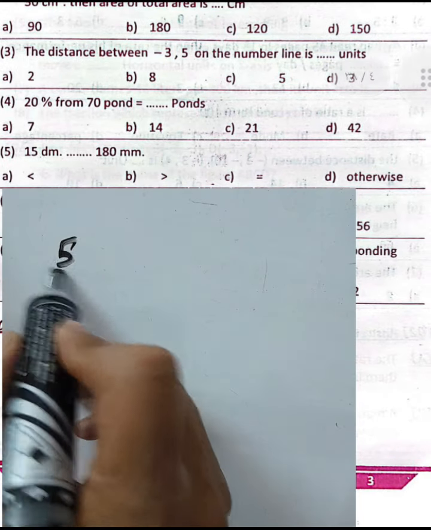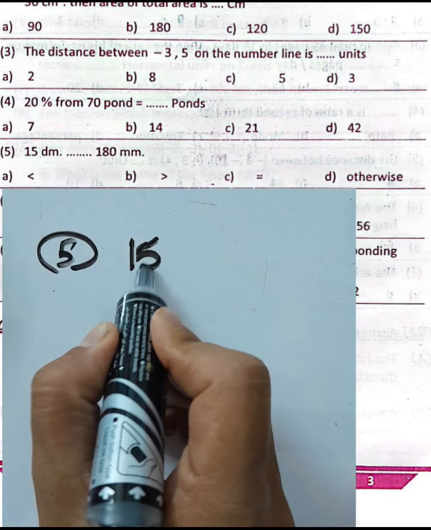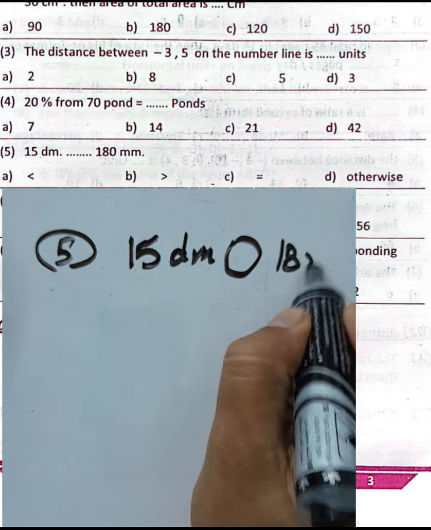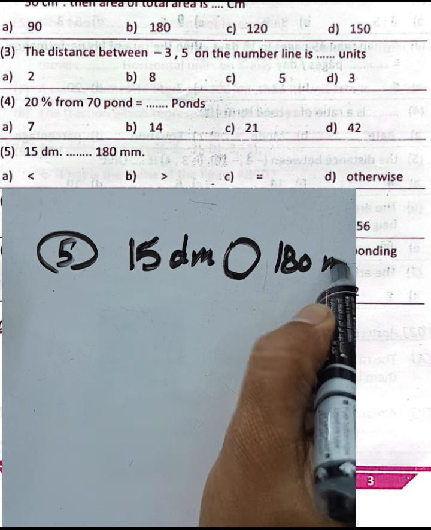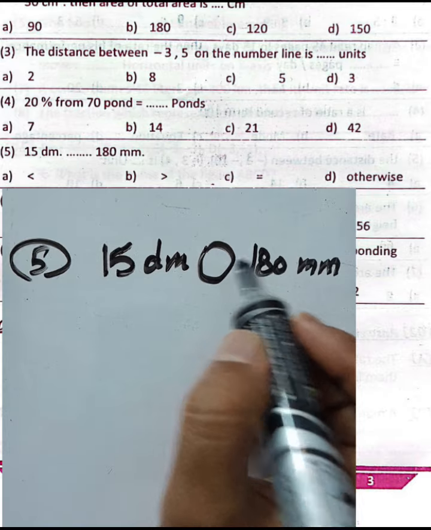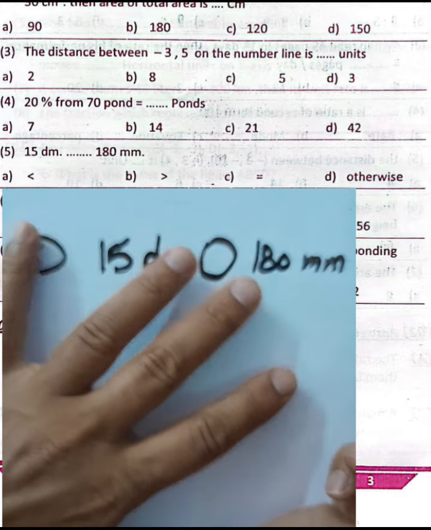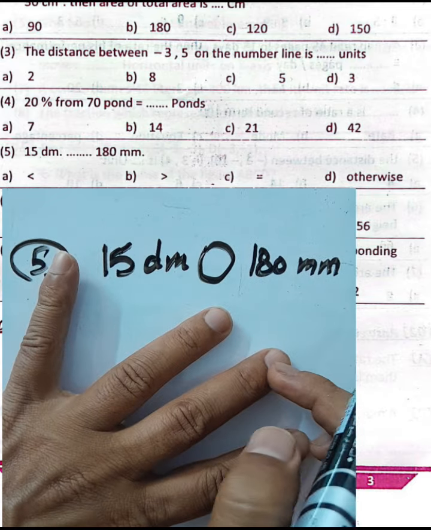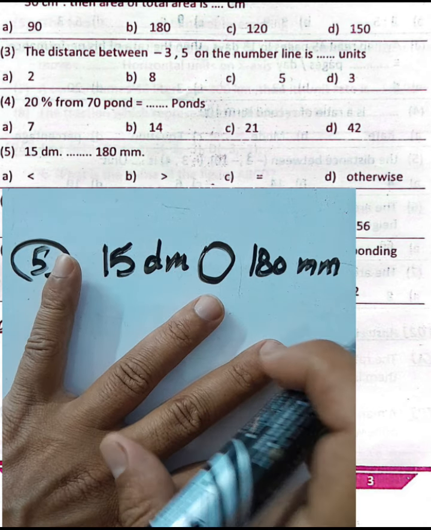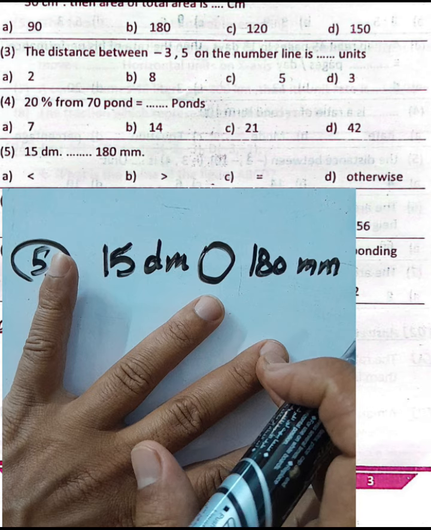Question number 5, comparing between 15 decimeters and 180 millimeters. We can compare between meter, decimeter and millimeter. This sign here, my fingers here, decimeter, okay, and this millimeter.